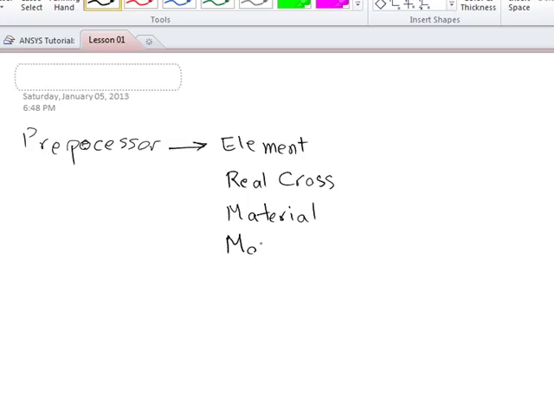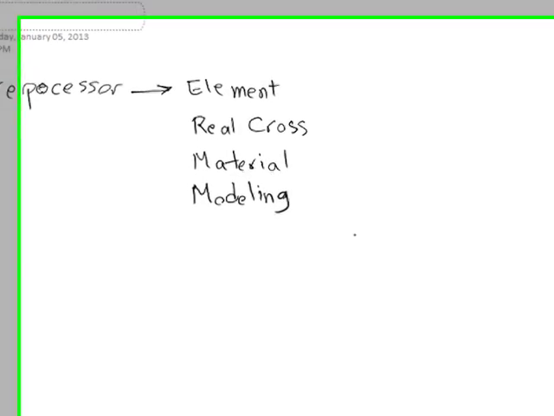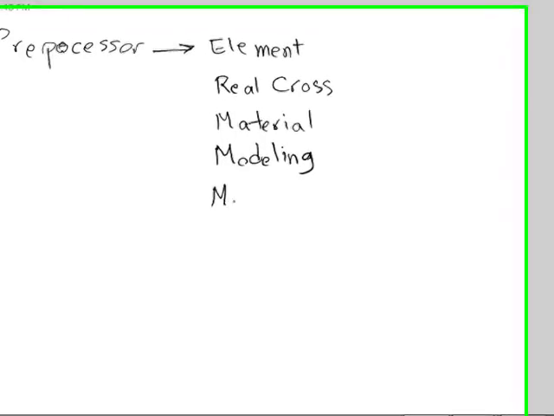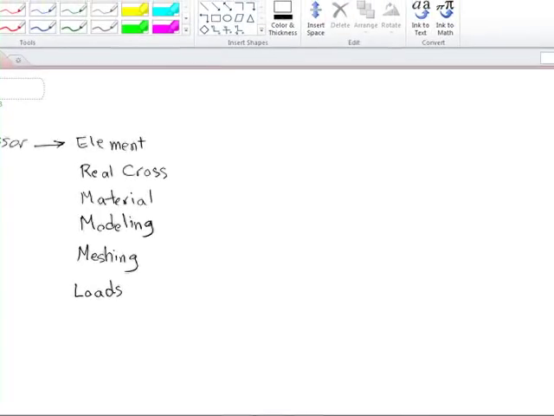And then there is a modeling step, in which you define the areas and volume or any other thing that you want to design for your model. And then you do the meshing in the pre-processing step of ANSYS, which I will explain all of these steps briefly. And then you define your loads.